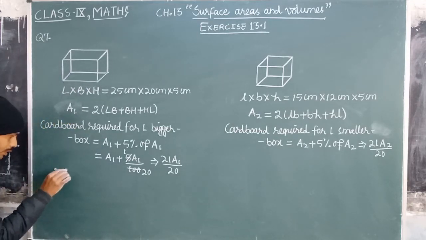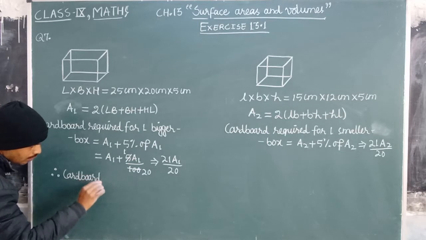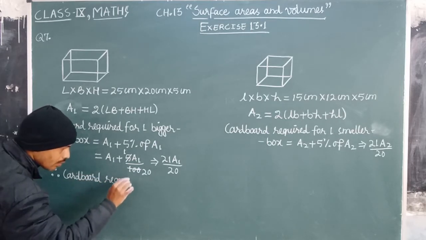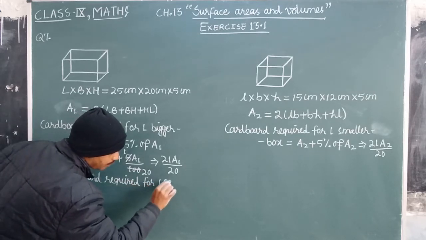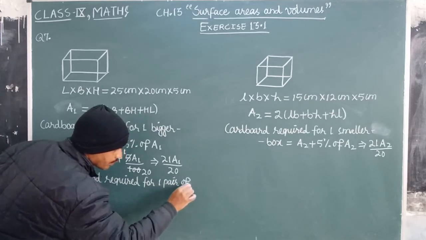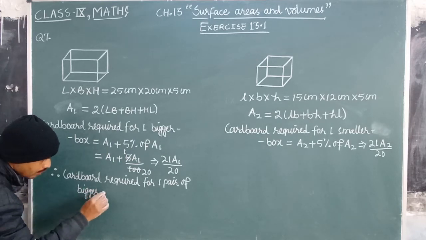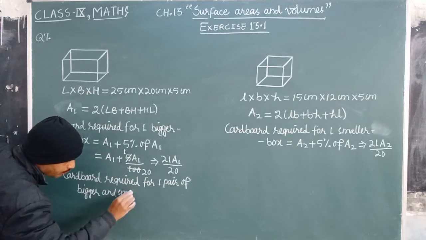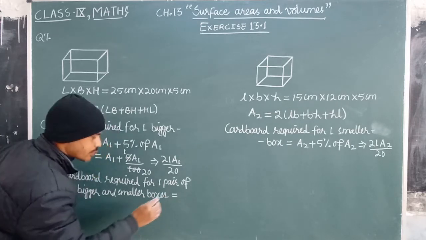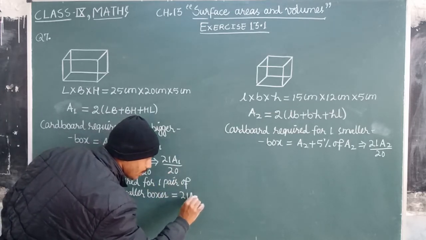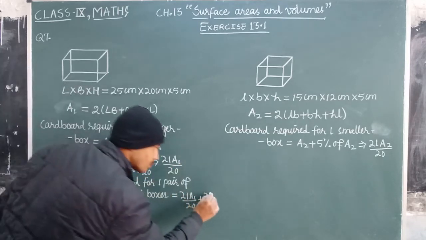Therefore, cardboard required for one pair of bigger and smaller boxes equals 21 A1 upon 20 plus 21 A2 upon 20.